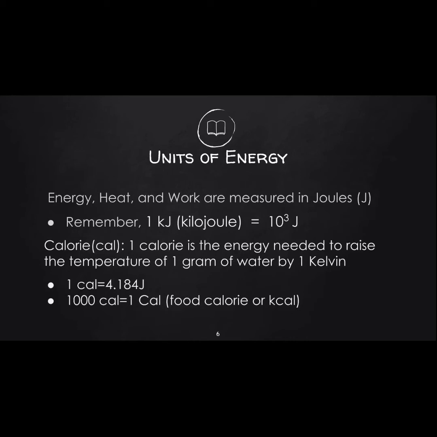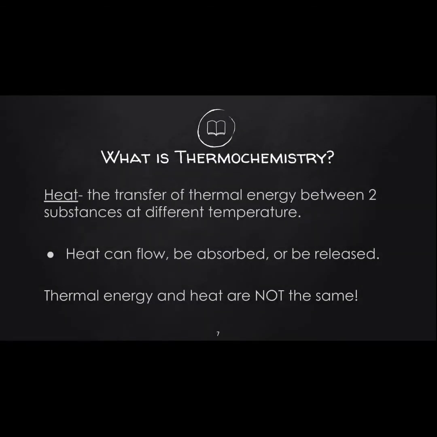We'll just say CAL. 1 calorie is the energy needed to raise the temperature of 1 gram of water by 1 Kelvin. So 1 calorie is equal to 4.184 joules. 1,000 calories is 1 kcal, or you can just have capital CAL. This is your food calories that you hear about all the time and you see on the back of your food labels.